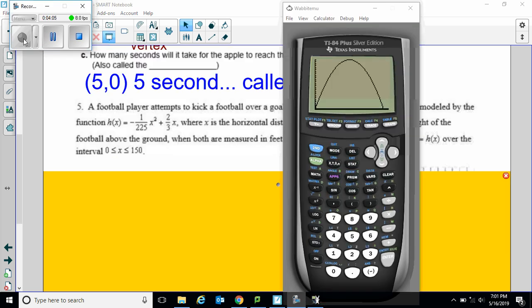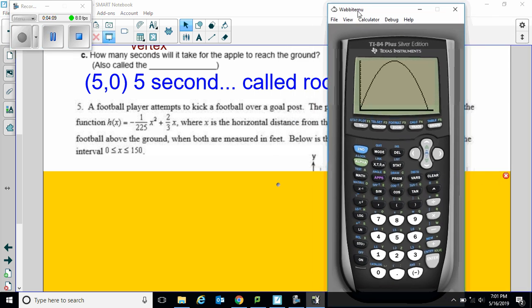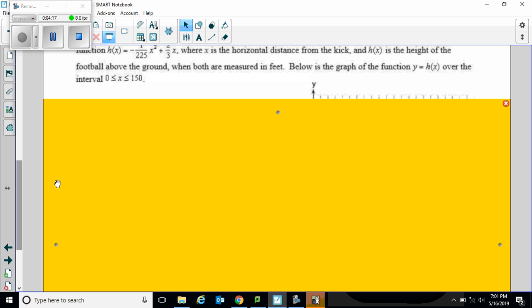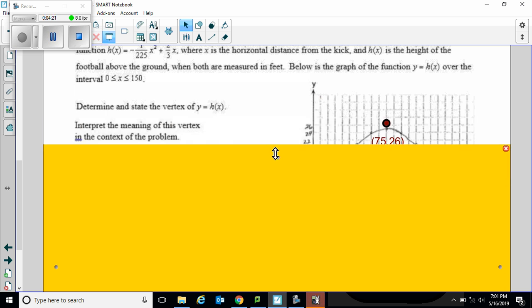Okay, class, welcome back. By this time, you should have put the following function into your calculator, and it creates this very interesting parabola. Let's examine the questions. The first question was to determine the vertex.